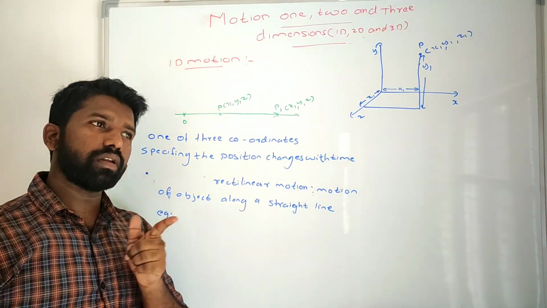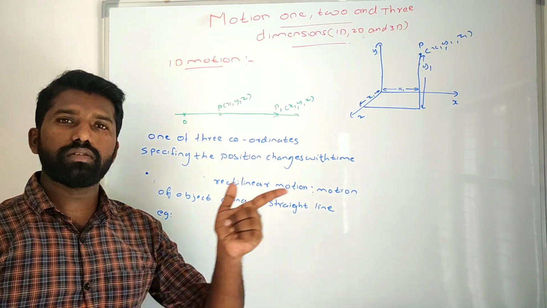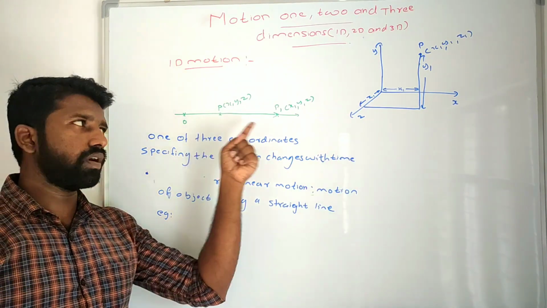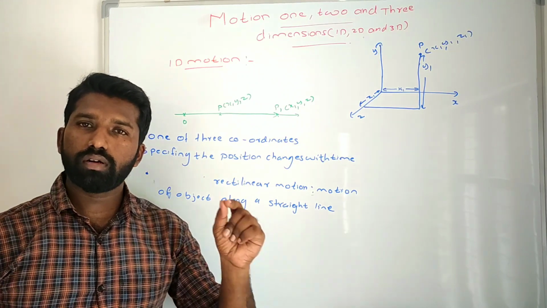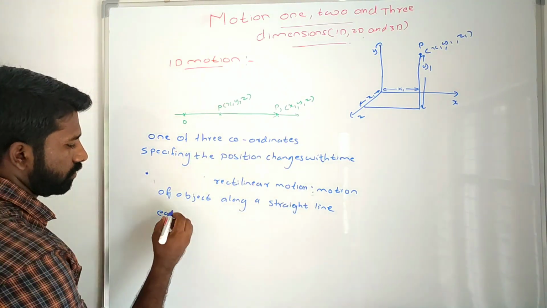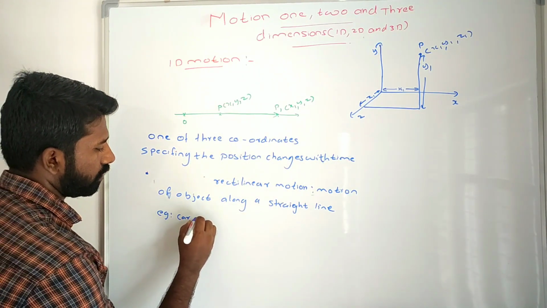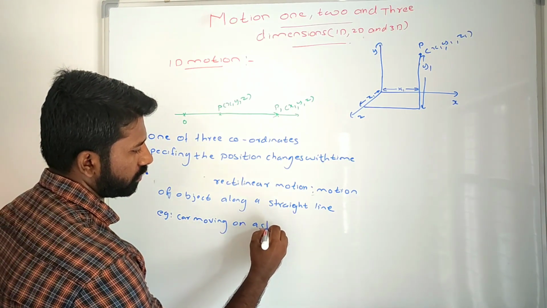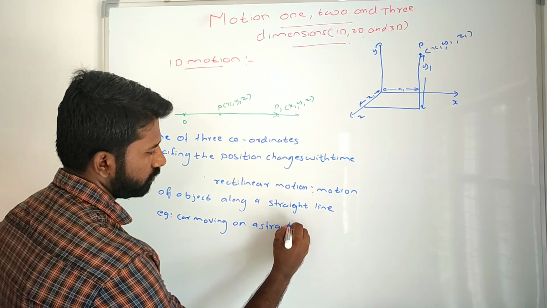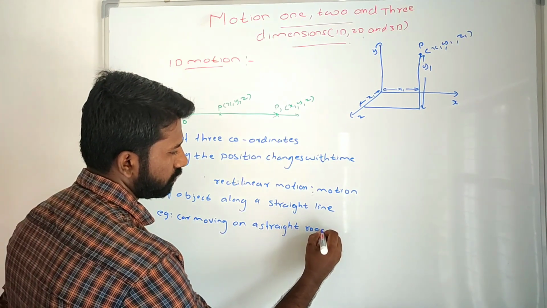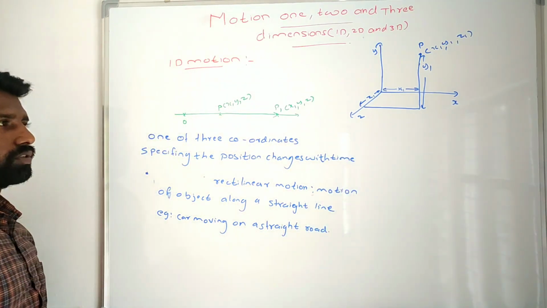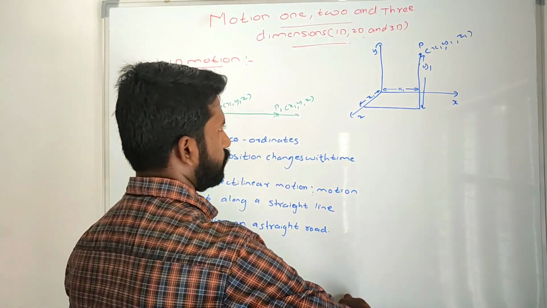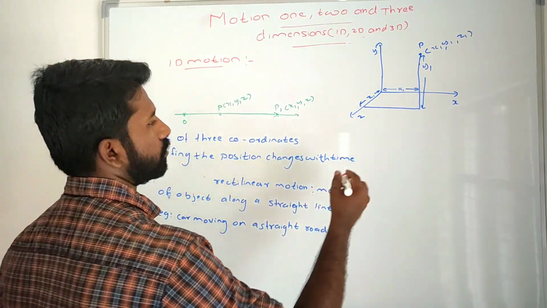And if a car is moving on a straight road, only one coordinate will change. Example: a car moving on a straight road. This is one-dimensional motion. Clear? Next we will see what is 2D motion or two-dimensional motion.